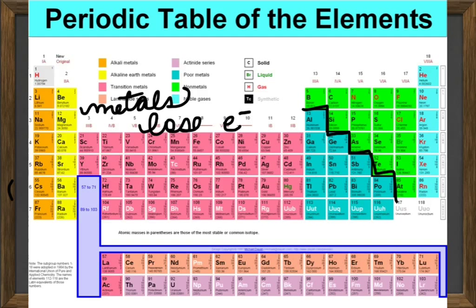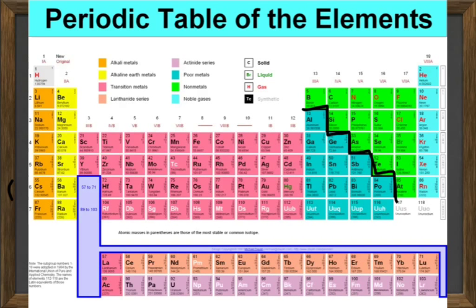And since electrons have a negative charge, if we're losing some of our negative charge, then what that's going to do is make the metals end up with a positive charge. So metals typically can end up with a positive charge, and positively charged species are known as cations. So metals can lose electrons.